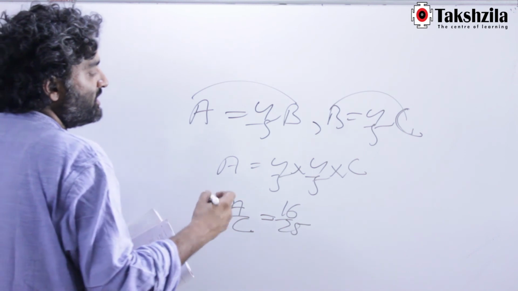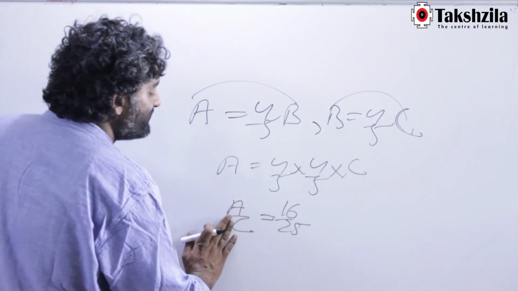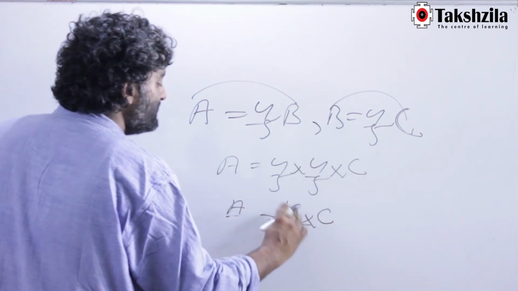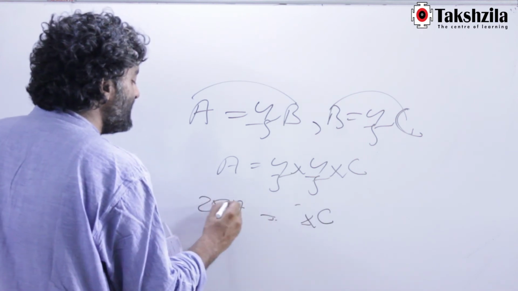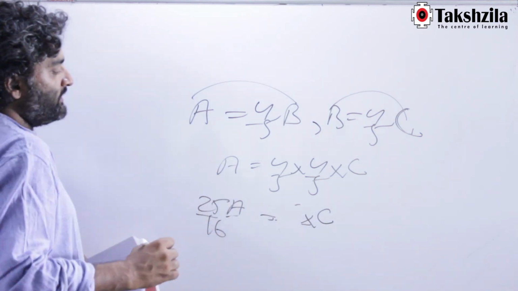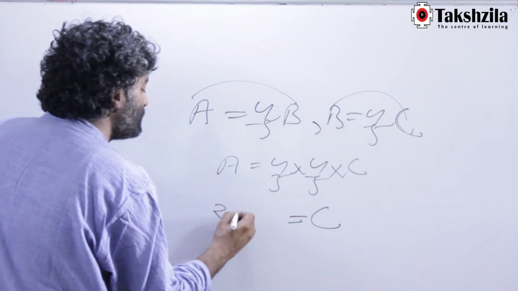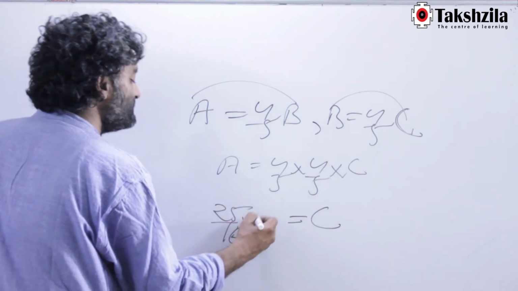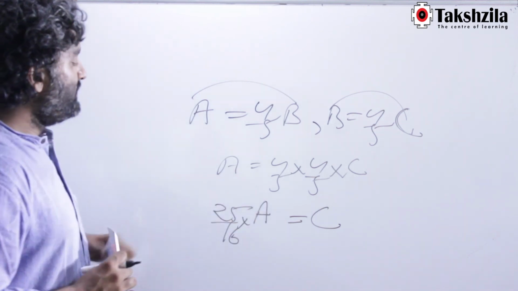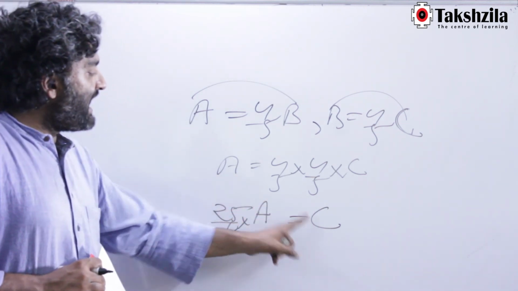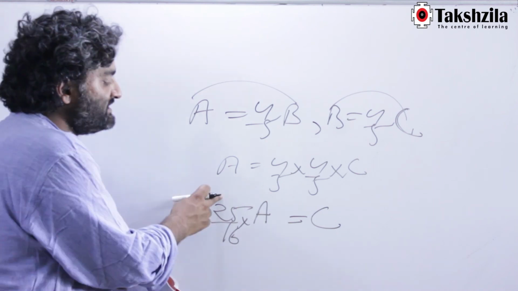Is that okay? We want C in terms of A, right? So we put the C here, and this 25 by 16 comes here. Now let me rewrite that. C is equal to 25 by 16 A. Yeah. What does this mean? Had C and A been equal, it would have been 16 by 16.